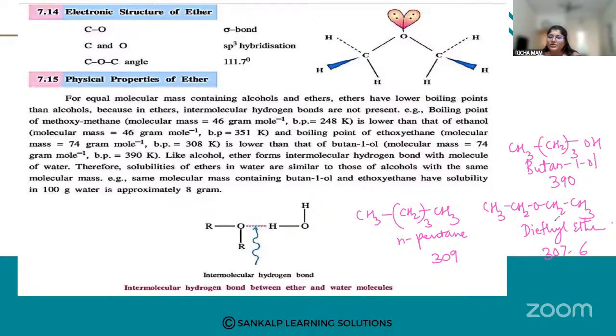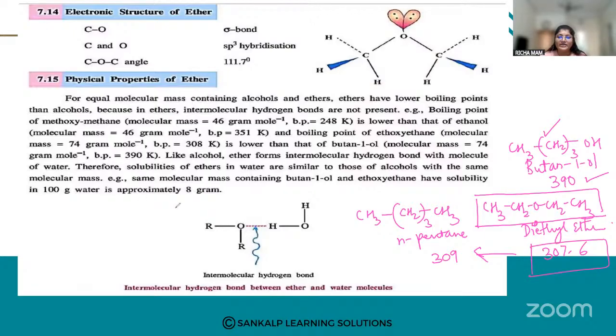Due to the weak molecular forces of attraction in ethers, they have a lower boiling point than alcohols, but almost similar to that of alkanes. All three have comparable molecular mass, but alcohols have a higher boiling point because they have strong molecular forces of attraction as compared to diethyl ether, which has weak forces of attraction.